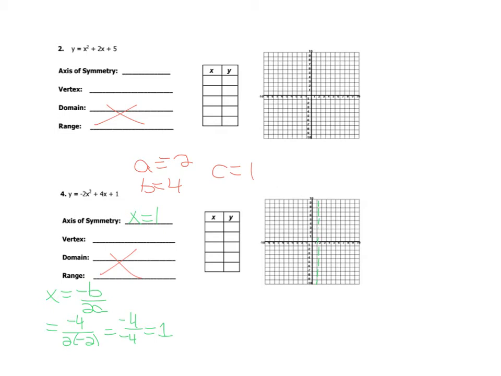Okay? Now, to find the y value of the vertex, remember the x value of the vertex is that 1. We've got to find the y value, so we're going to plug it into the equation. And we're going to find y.